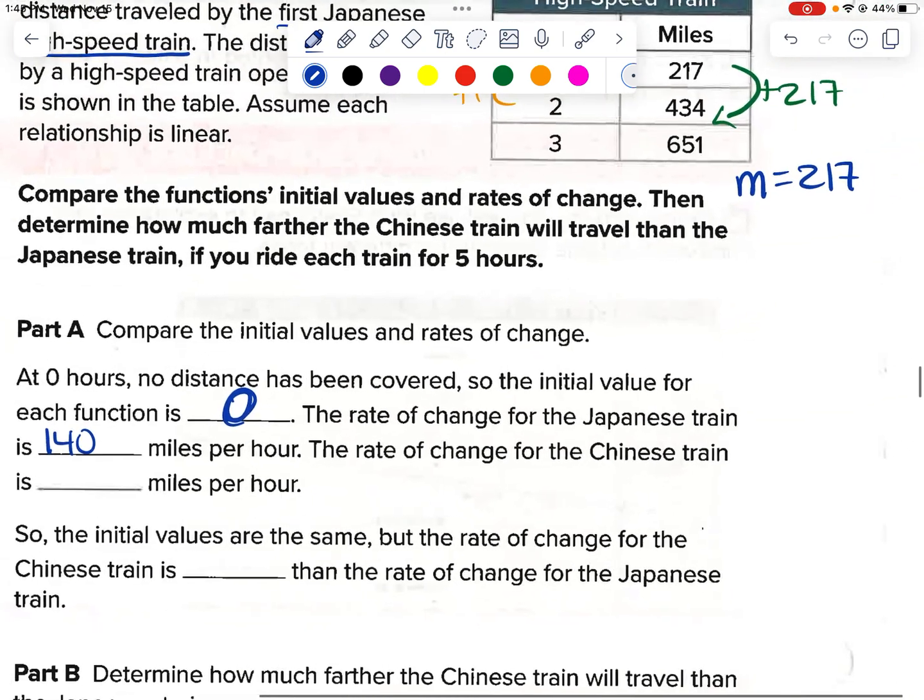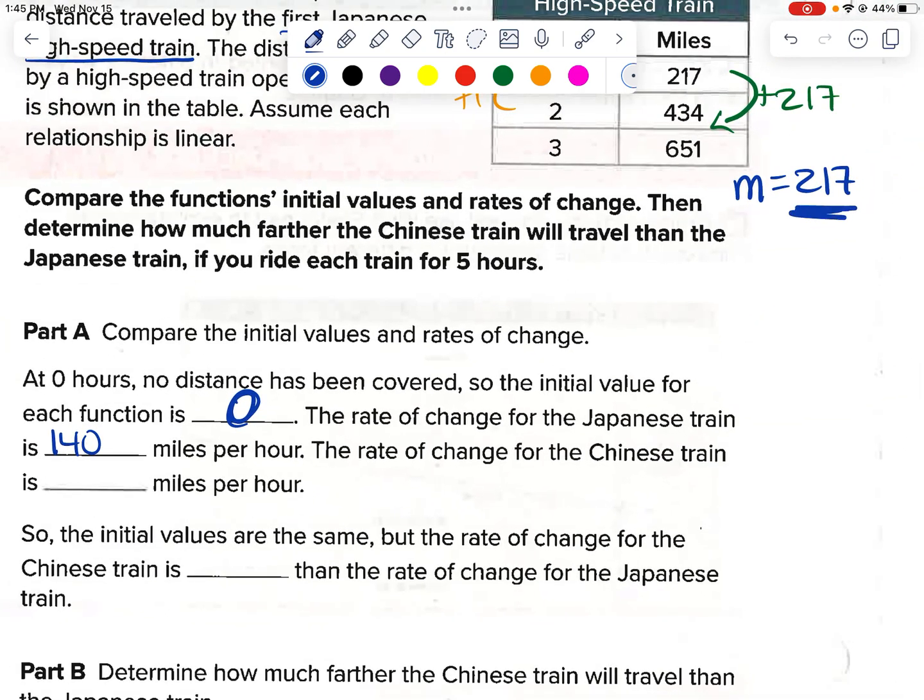The rate of the change for the Chinese train, in the table, was 217. So the initial values are the same, but the rate of change for the Chinese train is greater than the rate of change for the Japanese train.